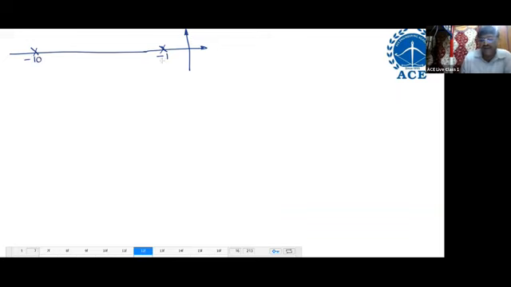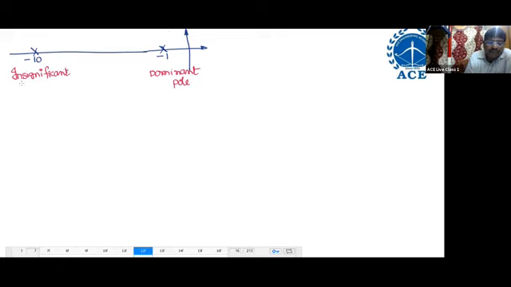The pole at -1 is called the dominant pole. This is called the insignificant pole.